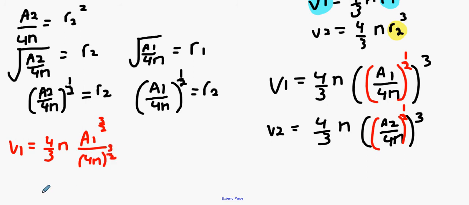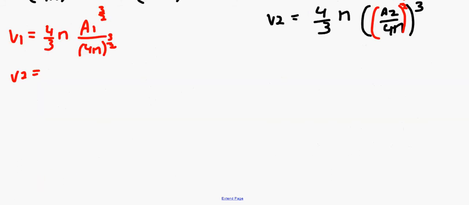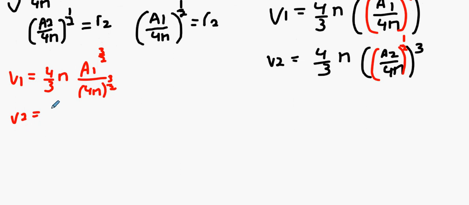What's V2? Yeah, hurry up. What's V2, lads? 4 over 3 pi, A2 to the power of 3 over 2, and 4 pi to the power of 3 over 2.